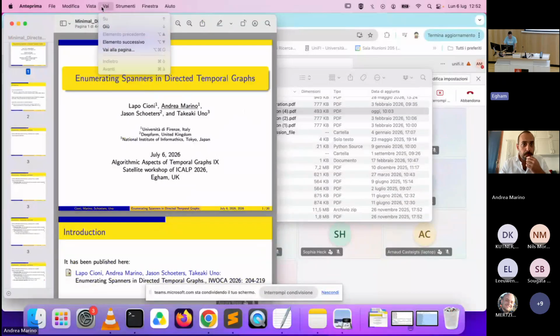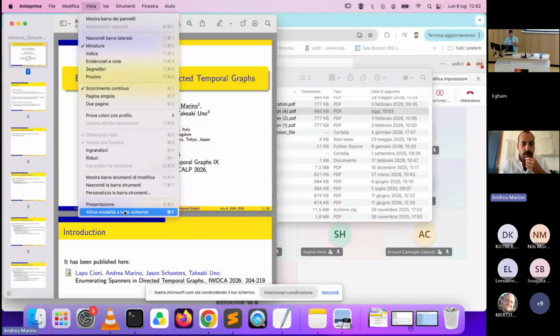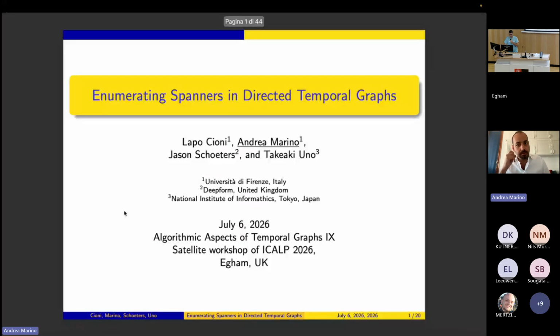It's loading now. Yes, we can see the whole screen now. Okay, so maybe now you see better? Yes. So Andrea is eager to start. Andrea, the floor is yours. Talk to us about enumerating temporal spanners in directed temporal graphs.